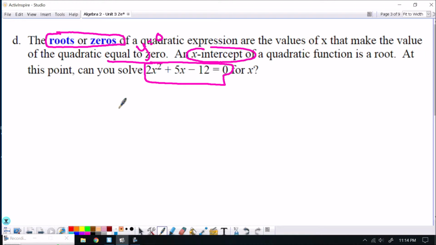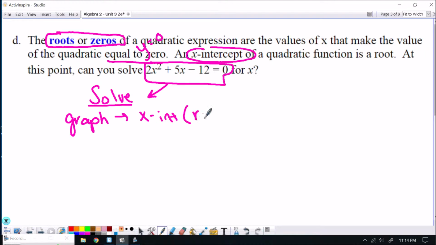As far as solving, there's a few ways that we can solve a quadratic equation. We can graph and locate the x-intercepts. And remember, now we're saying that x-intercept is the same thing as a root or a zero. Those are just all words for the same thing.